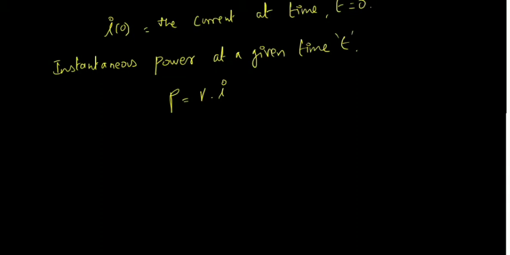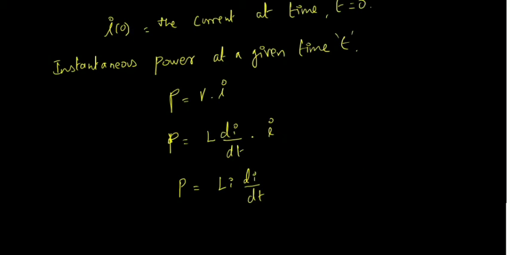You found the value for voltage previously, L di by dt, that is equation 1. So you can rewrite this as P is equal to Li di by dt.